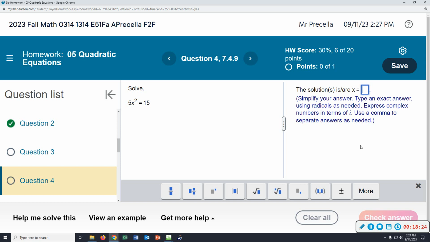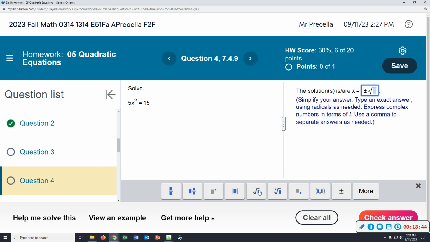But they finally got a plus minus key on here. I remember the first time that ever happened, when I was working this assignment and saw the plus minus, I was just so ecstatic. But the students thought I was insane. But just click plus minus square root of 3.